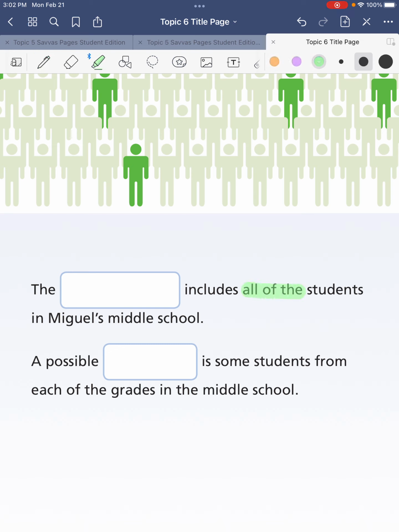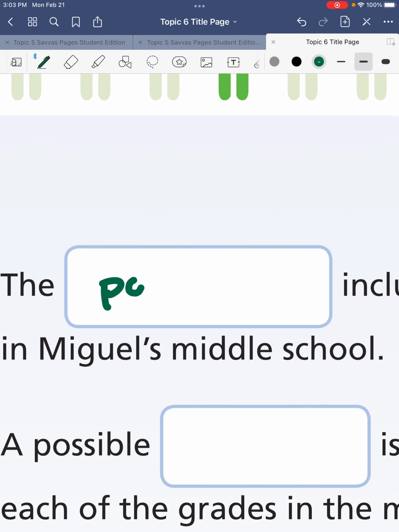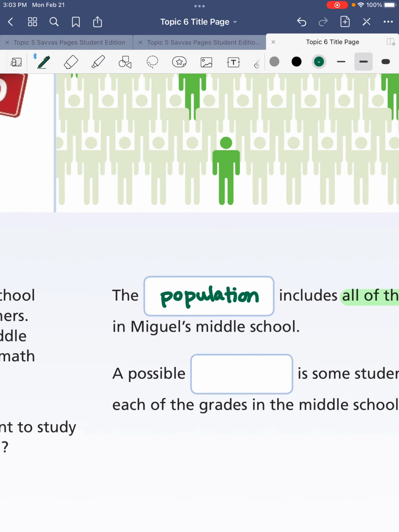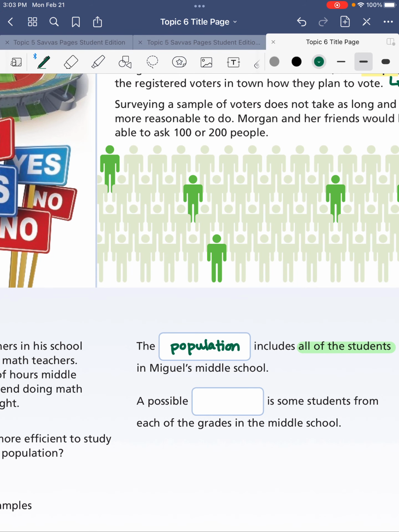Well, keywords, all of the students. Which word, population or sample, represents the whole group? All of them, every single person. Well, that's the population. So the population includes all of the students in Miguel's middle school.